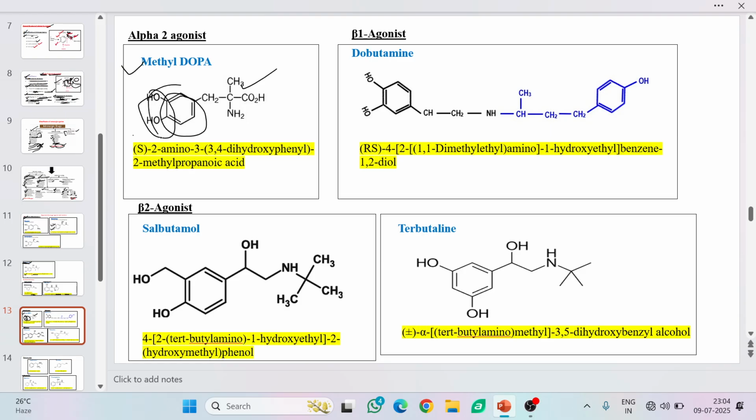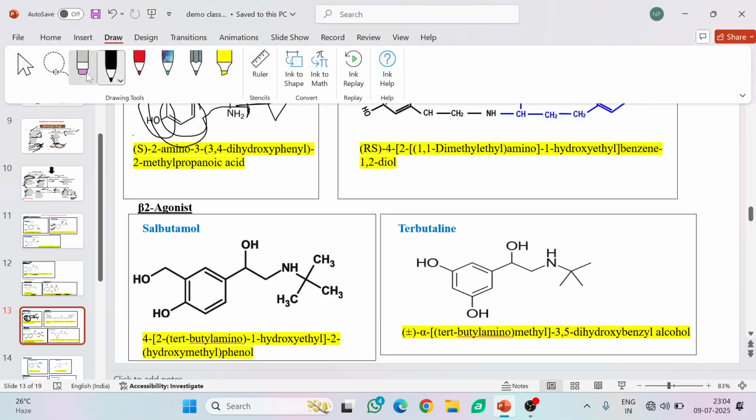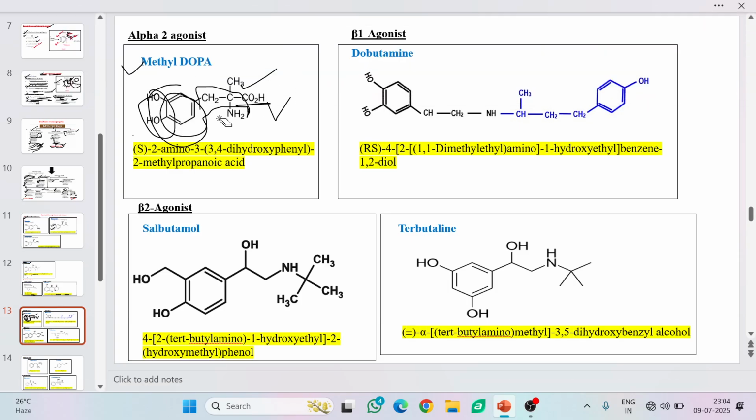So it is a catecholamine, also called a catecholamine, but it contains this acid. You can see the structure here. It contains this acidic group, which is a carboxylic acid.